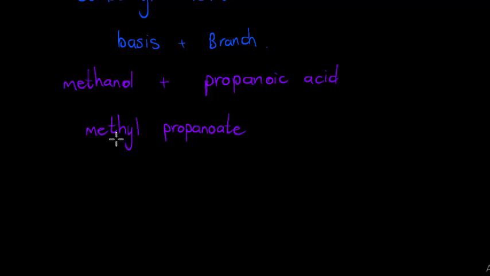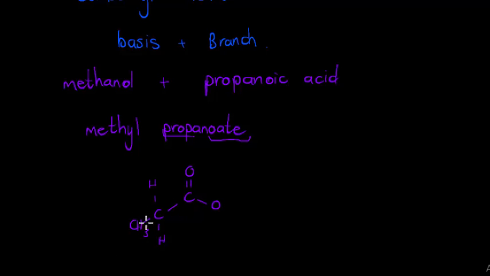Well, we know that because of the -oate, we have a carbon double bonded to an oxygen, single bonded to another oxygen, bonded to this carbon. In the base of the name, we have prop, so there must be 3 carbons. We have 1, 2, 3 carbons, and then hydrogens, and this one also has 3 hydrogens.